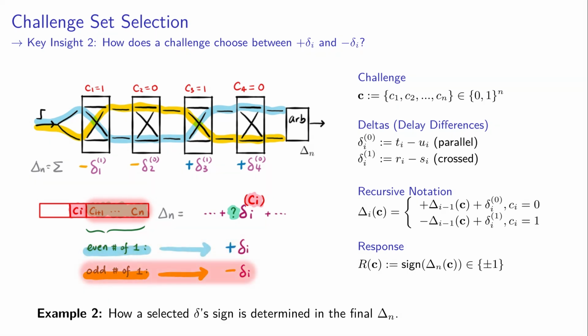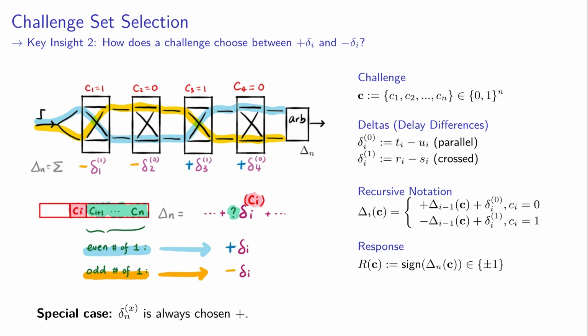Otherwise, the signals swap paths an odd number of times and the sign of the chosen delta is flipped. One special case is that the delta chosen at the final stage has no remaining stages that could flip its sign, and therefore it is always chosen in positive form.